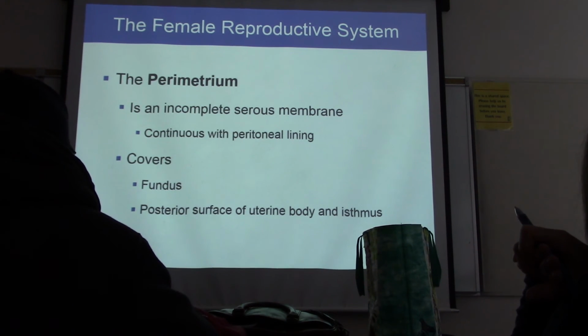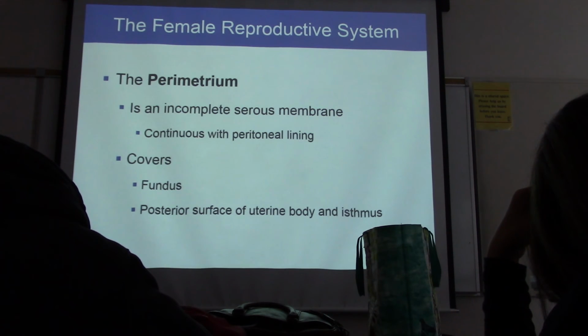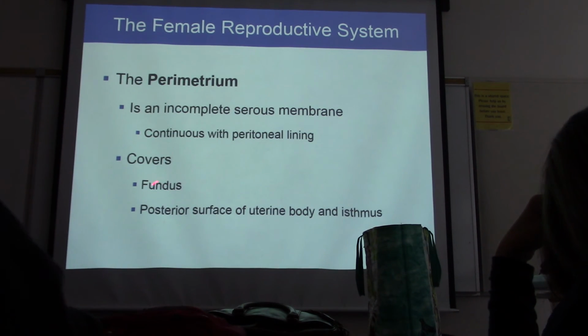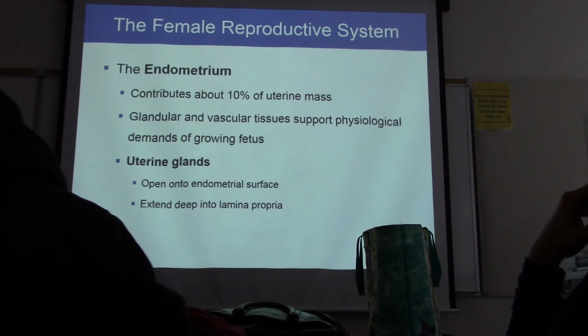Perimetrium is basically the outside serous layer, basically the visceral peritoneum, covers the parts of the uterus that show, like you see down there.